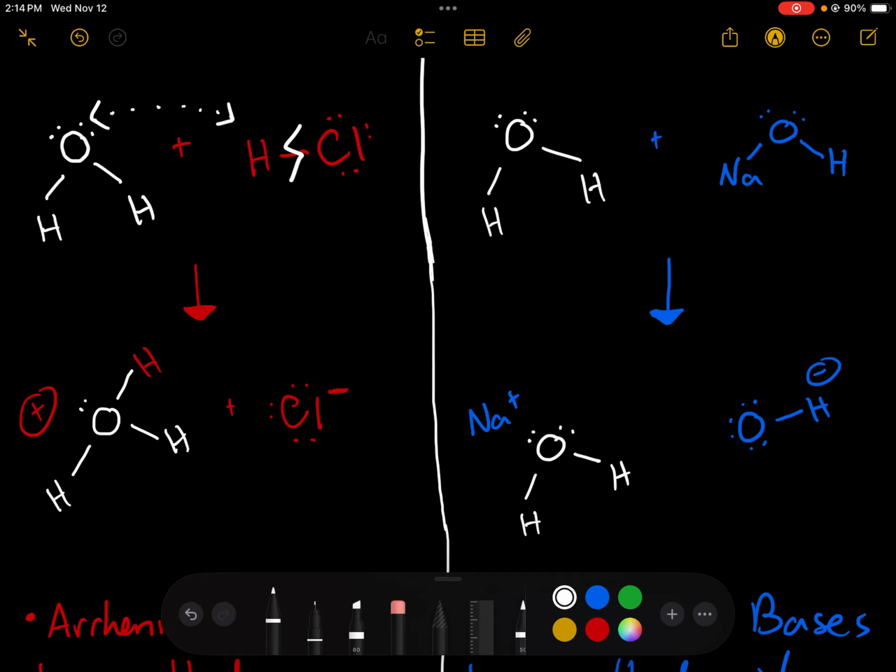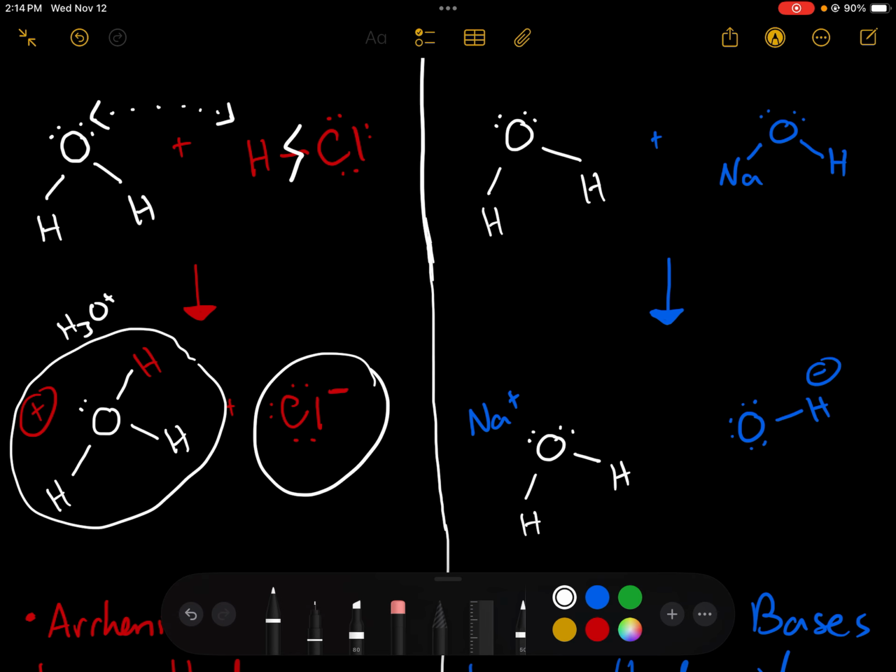And instead of just floating off into space and being an H plus by itself, that hydrogen is actually going to attach itself to water, turning the water into H3O plus, which is hydronium. And then you have a chlorine ion just kind of floating off by itself in the case of hydrochloric acid.